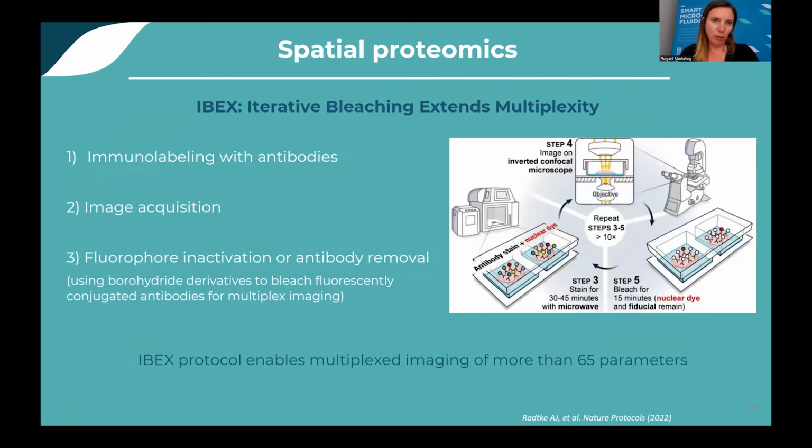So today the example is called IBEX, for iterative bleaching extends multiplexity, where it's actually a succession of multiple cycles of immunolabeling, image acquisition, and fluorophore inactivation, bleaching. So this is done manually, and IBEX can enable multiplex imaging of more than 65 parameters.